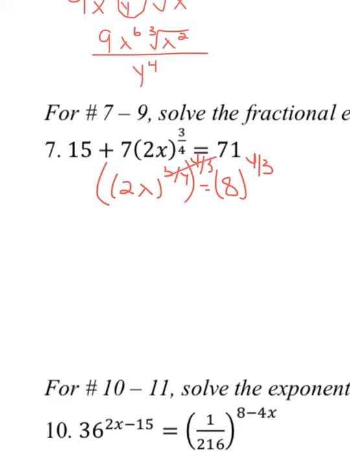So these cancel. Over here, this turns into just 2x equals, because my denominator is a 3, it is odd, I don't have to worry about that plus and minus thing. So really I'm doing the cube root of 8 to the 4th power. If you do it right in the calculator, it'll give you 16. Divide by 2, you get x is equal to 8. Check your answer, and that is in fact it.